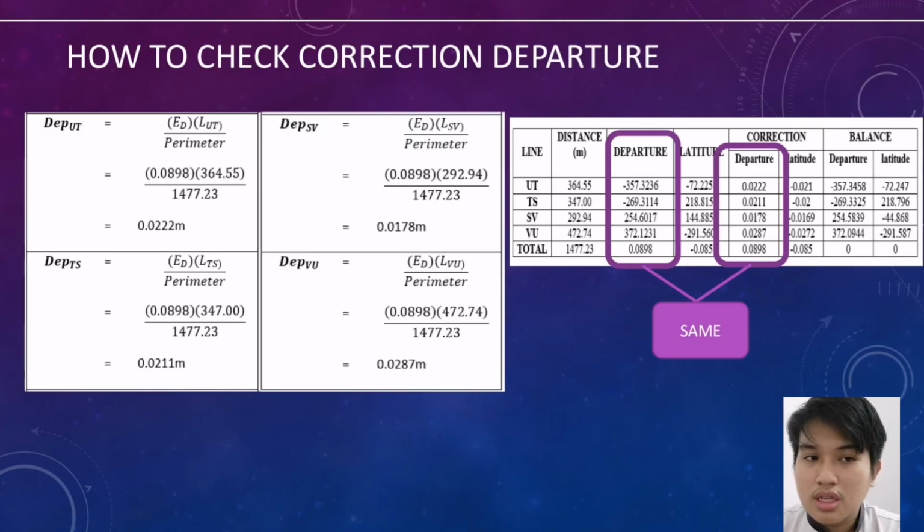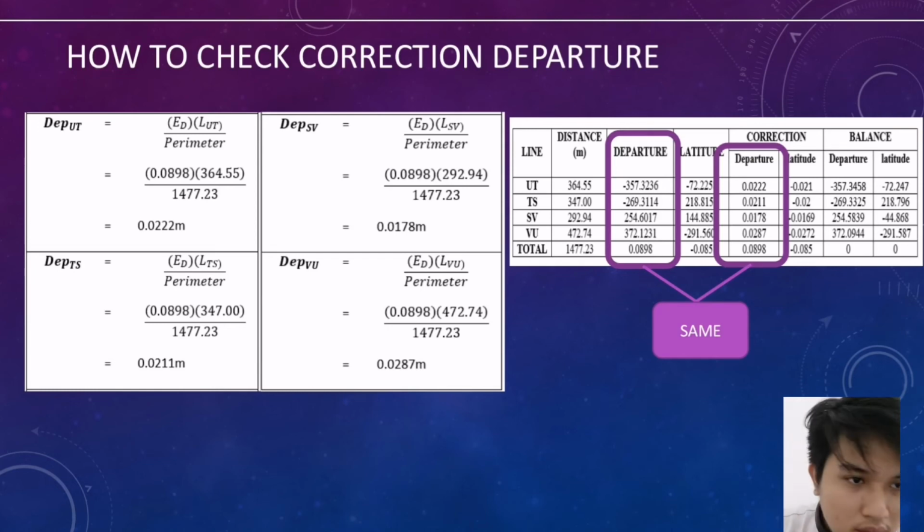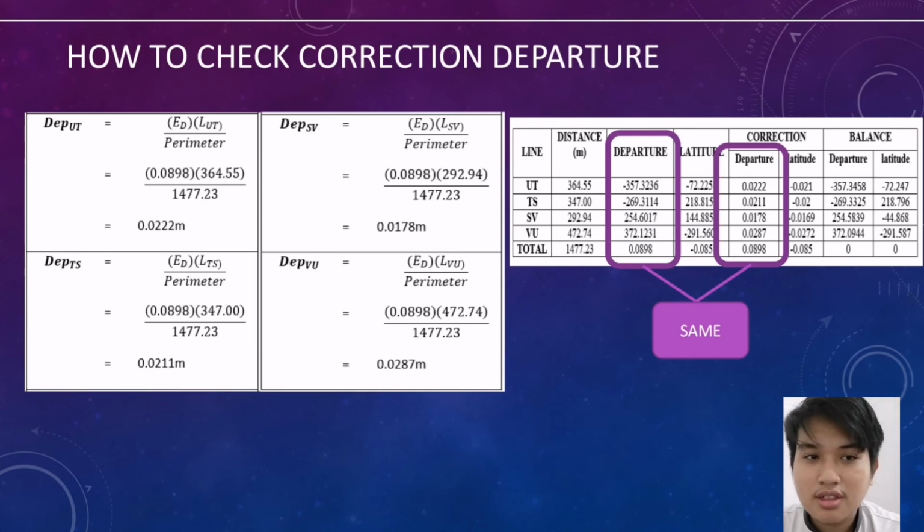You can see the formula is ED, where ED is departure, multiplied by LSV divided by perimeter.